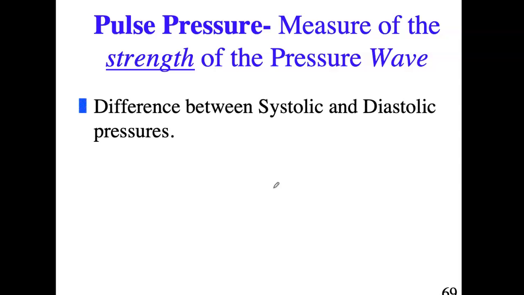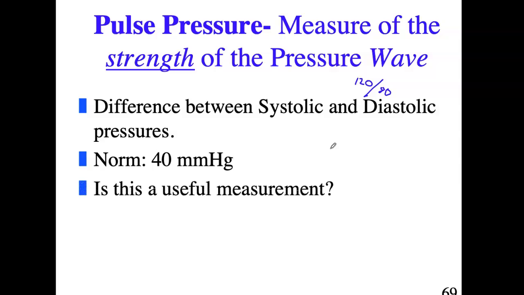Well, it's defined as the difference between the systolic and the diastolic pressure. So we could go back to our 120 and back to the 80. That's a difference of about 40 millimeters of mercury. Okay, think of that for a little bit. Hold that thought. The norm is about 40 millimeters of mercury.